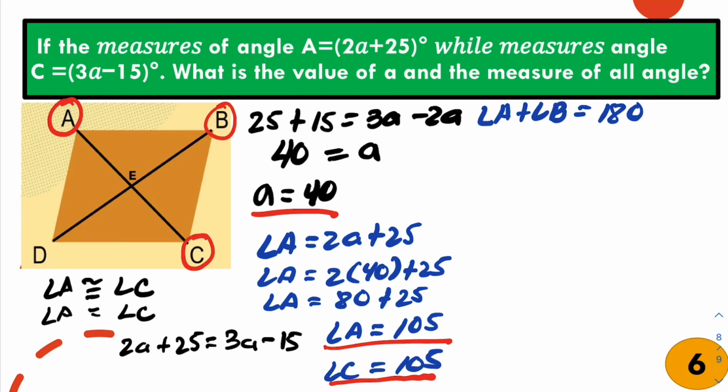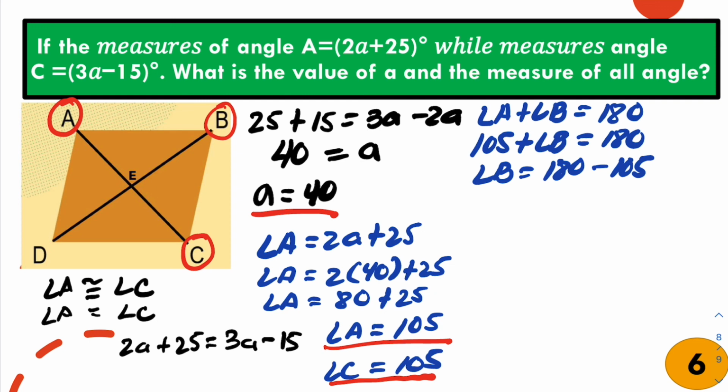Since the measure of angle A is 105 plus angle B is equal to 180, then we have angle B is equal to 180 minus, transfer natin yung 105 minus 105. We have angle B is equal to 180 minus 105. Yes, very good, that is 75.